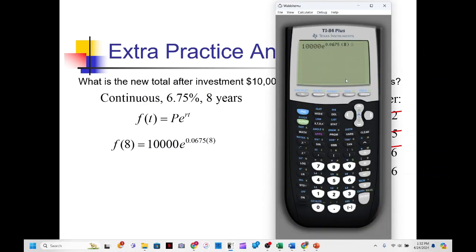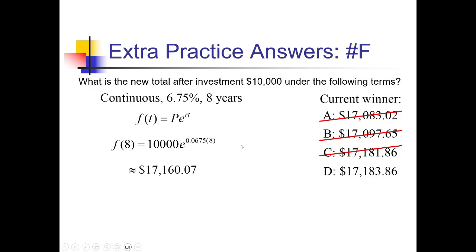So there we go, pressing enter on that computation. We got 17,160 and 6 cents, or 7 cents actually, if we round that off. Might make a difference. It's not going to make a difference for the winner, though. This is still lower than Plan D. So D continues on. That's 2 in a row that D is beaten back.